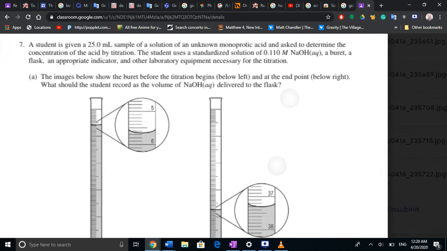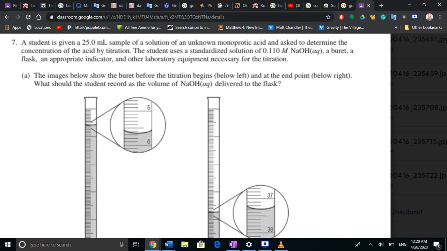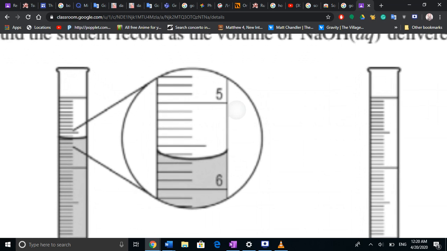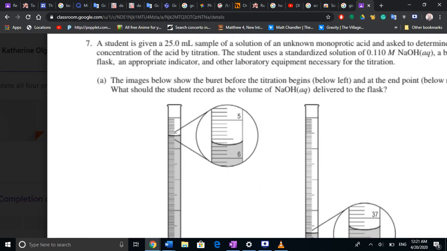Since this is a monoprotic acid, it is a Brønsted-Lowry acid, so it's going to donate a hydronium ion. In the before burette, we see an amount of 5 point something, and if you eyeball it, between 5.6 and 5.7. So let's just say 5.65 milliliters.